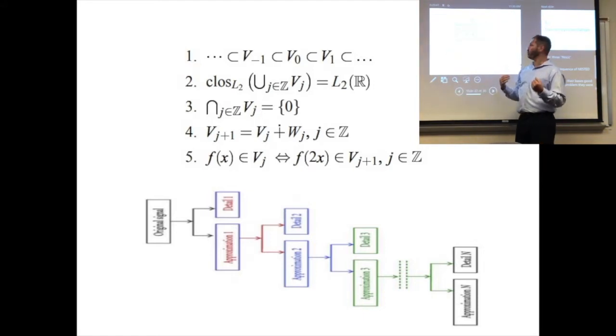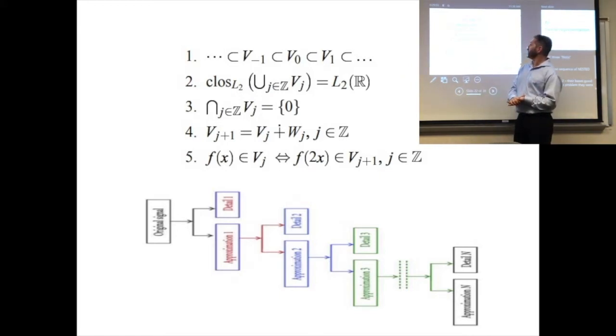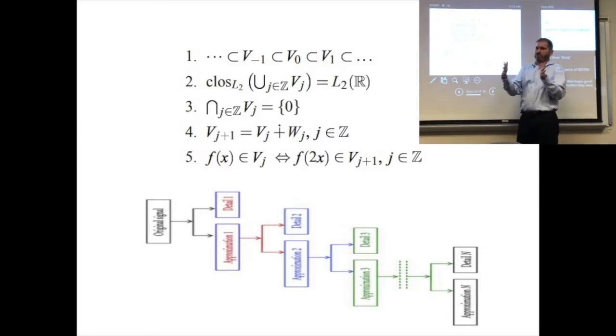We also assume that all the spaces in union are able to represent any L2 function, any function. And we also assume that there is a two-scale relation. That means that if this function belongs to this space, then when we squeeze this function, it will belong to the more accurate space.